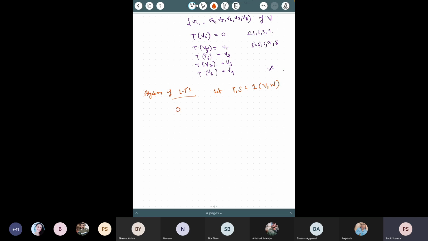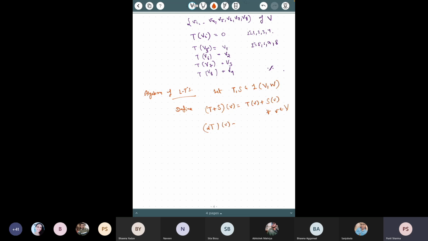It is actually the usual addition of functions. So we can add two linear transformations, T plus S. How would it be defined? You take any vector V and you send it to T of V plus S of V, for any V in V. Similarly we can define scalar multiplication, because scalar multiplication of a function we know how to define.